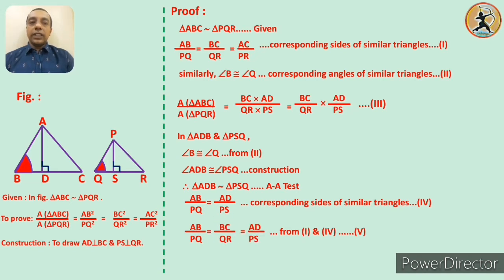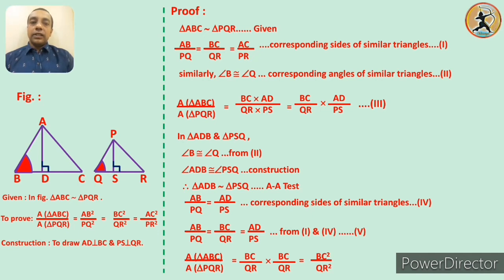So the third statement in new format: area of triangle ABC upon area of triangle PQR is equal to BC upon QR into BC upon QR, and of course the product becomes BC square upon QR square. But we have already shown in the first statement that this ratio BC upon QR is equally proportional to AB upon PQ and AC upon PR.